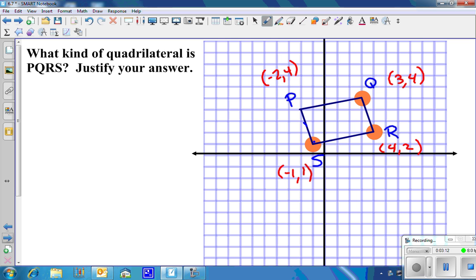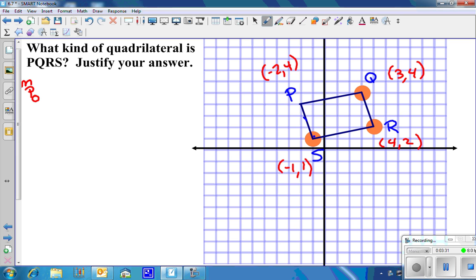So the first thing that I want to do is determine the slope. So the slope, let's do PQ. The slope of PQ, and M represents slope. If you remember the slope formula, it's y2 minus y1 divided by x2 minus x1.